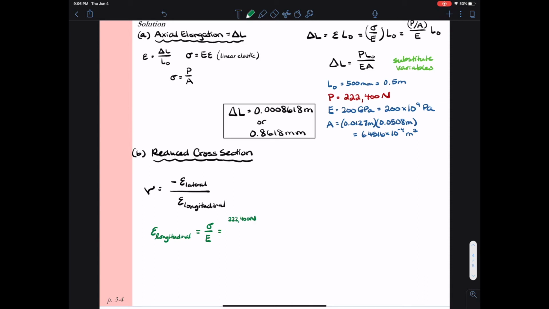So we said that our longitudinal strain was equal to sigma divided by E. And so sigma, we said, was P over A, which is 222,400 newtons, divided by the cross-sectional area, 6.4516 times 10 to the minus 4 meters squared, all divided by E, which was 200 times 10 to the 9 pascals. So newton per meter squared gives us pascals on the top and pascals on the bottom, so strain will be unitless. And when I do that calculation, I can determine that the longitudinal strain is 0.001724.